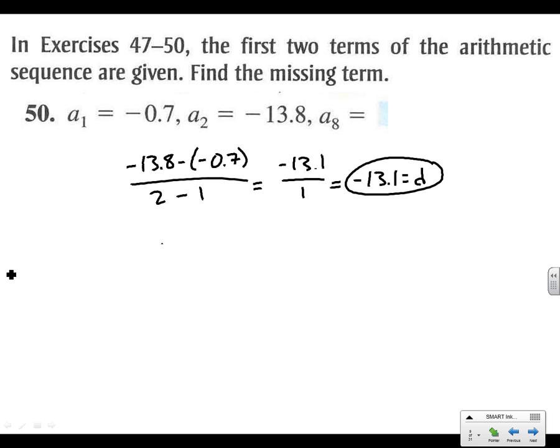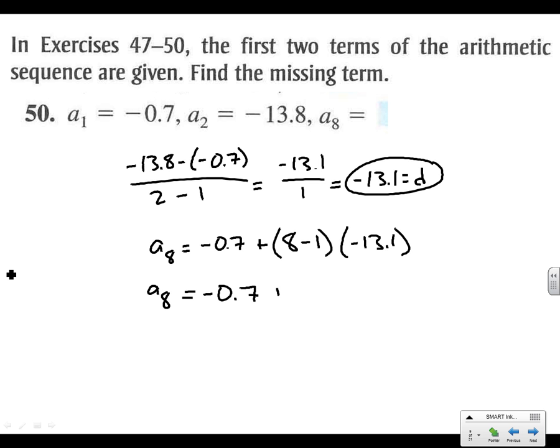And so now we want to find a sub 8. So let's use our formula. A sub 8 equals a sub 1, which we know to be negative 0.7, plus n, which is 8 minus 1, and then plug in our d, negative 13.1. So a sub 8 equals negative 0.7 plus 7 times negative 13.1.